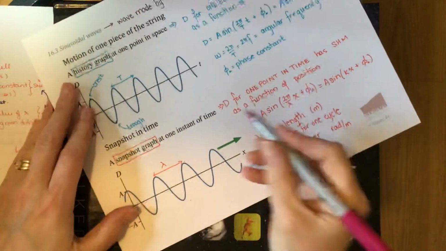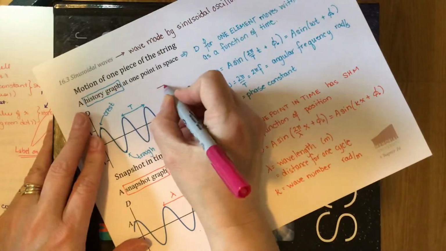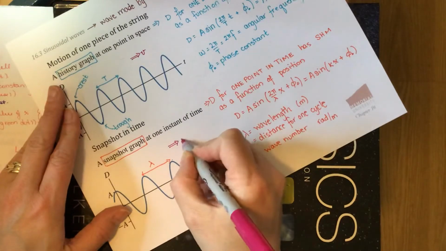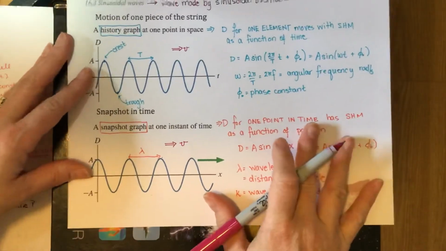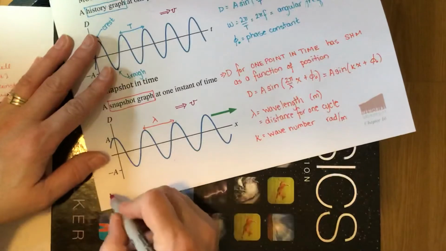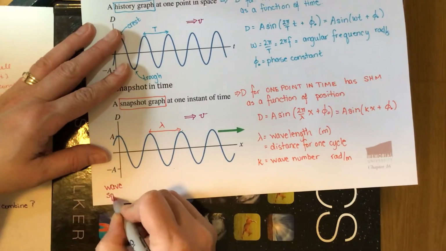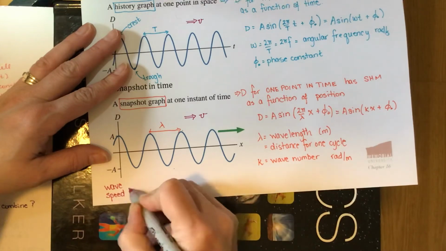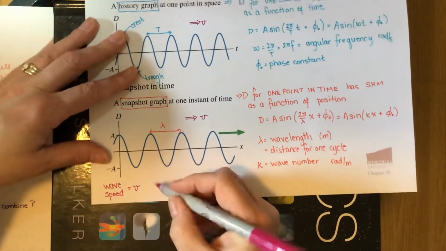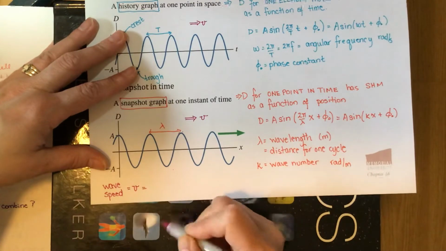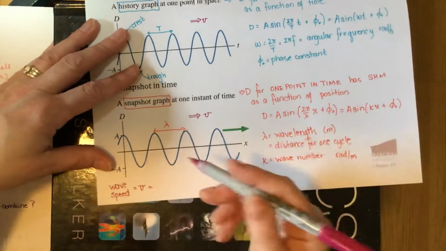So this wave is moving to the right with speed v. So v is the wave speed. Wave speed is how far that bump travels over time.